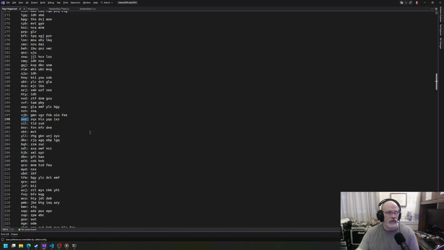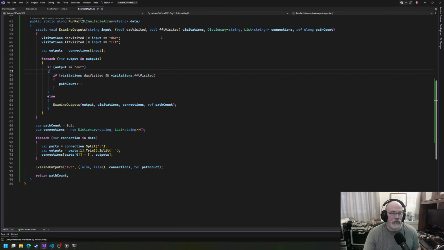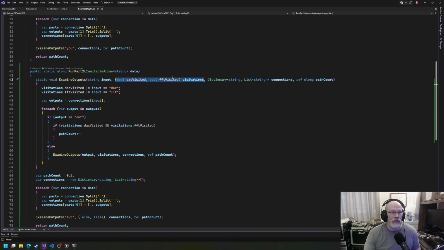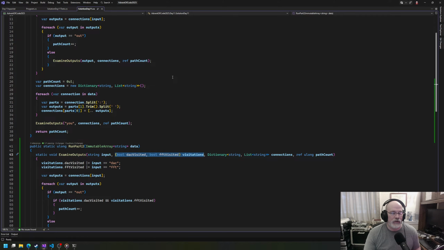The only thing I can think of is that it's spinning. Because the only thing we're tracking now in the 11 solution is this thing: did we visit these nodes? But it's the same code as before. There's no difference between the two.